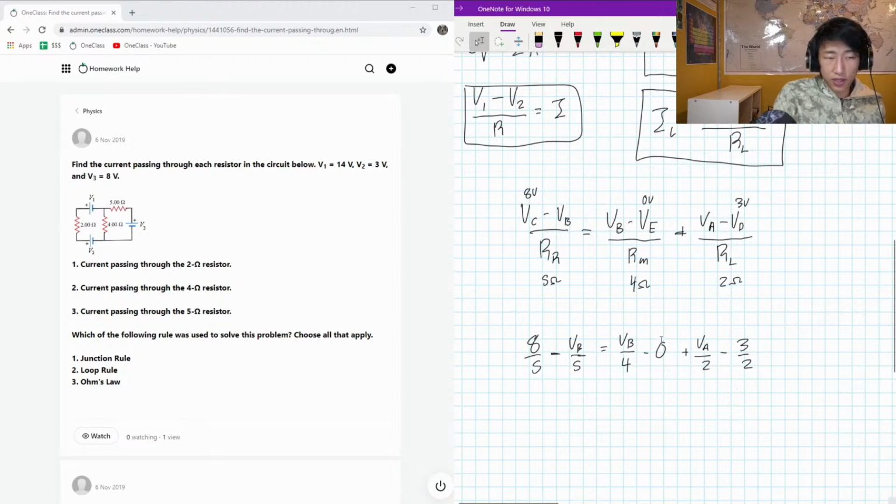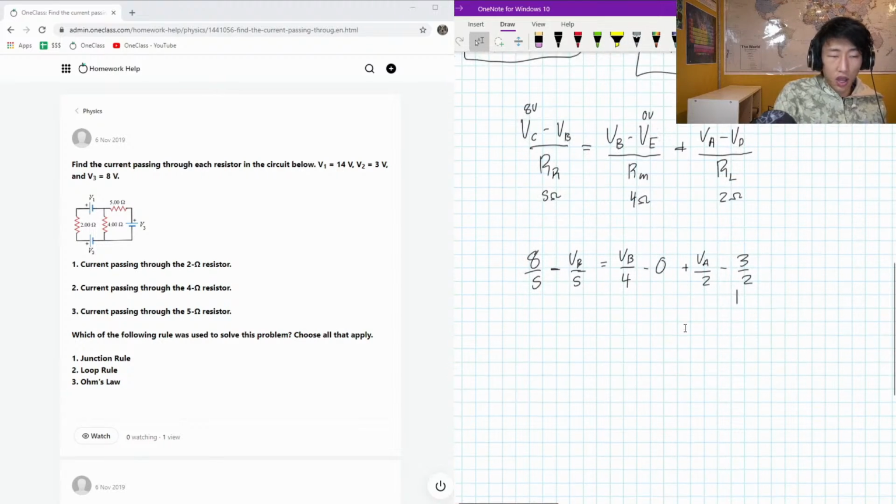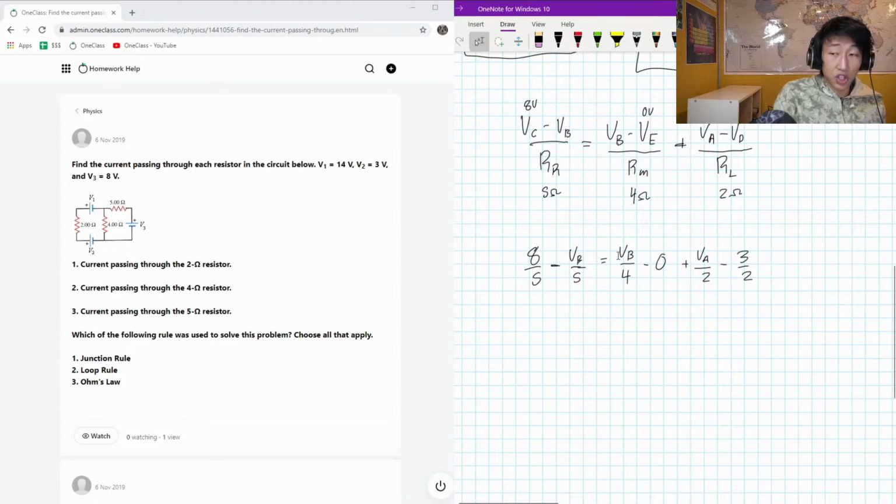We have 2 variables, 2 unknowns, and 1 equation. We can't necessarily solve this right here, but we'll see in a minute that we actually can if we have a little bit more info. But let's reduce this down. Let's get all of our variables on the right side and all of our numbers on the left side.